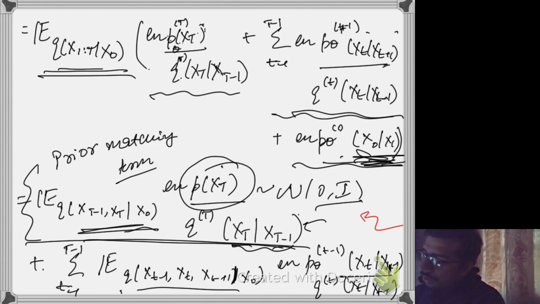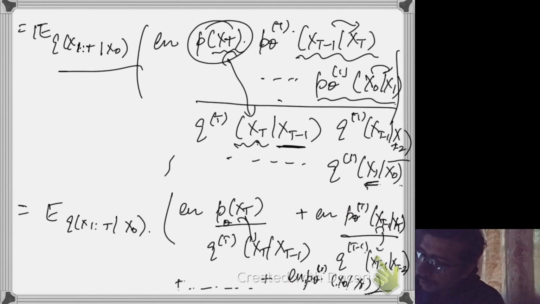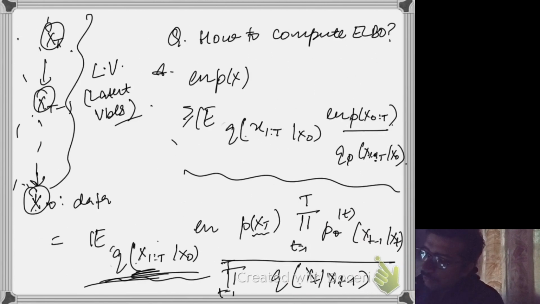The next term which we see over here, which is x t given x t plus 1 over x t given x t minus 1, is called the consistency term. What it tries to ensure is that whether you get to x t from the next latent variable or the previous latent variable, right? Whether you get it from x t minus 1 or x t plus 1, the distribution should match with each other.